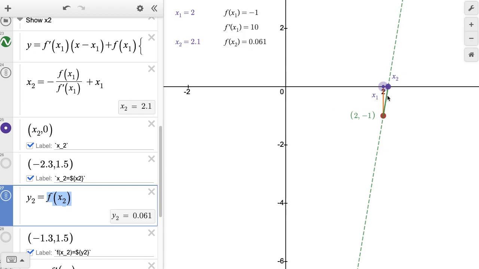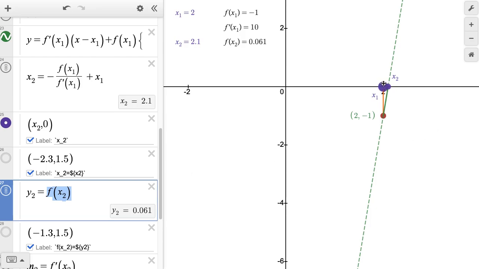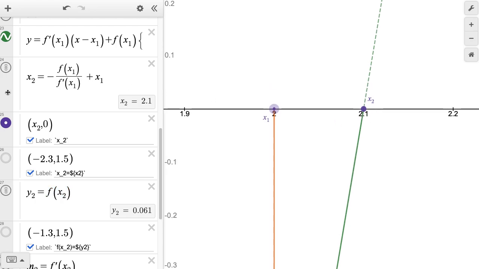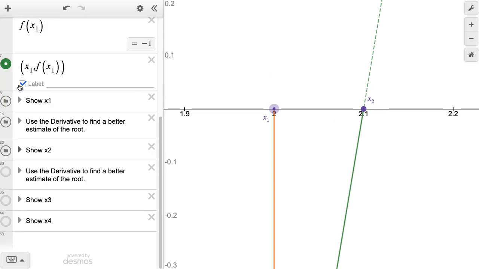I'm going to plot the point x2 comma f of x2, and find the derivative of the function at that point. So I'm going to zoom in here. And so here's my new point, x2, f of x2.